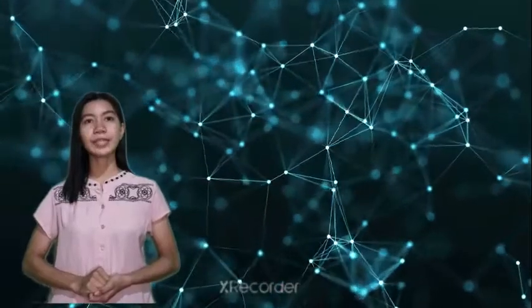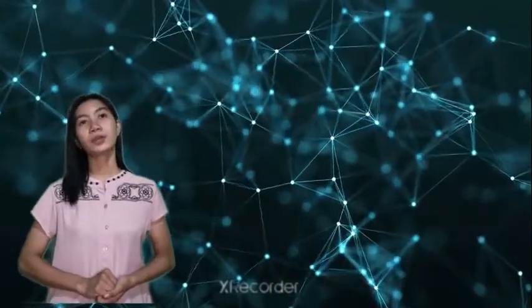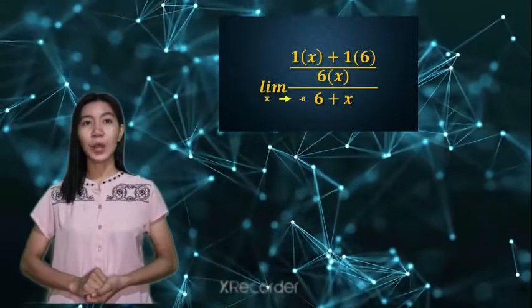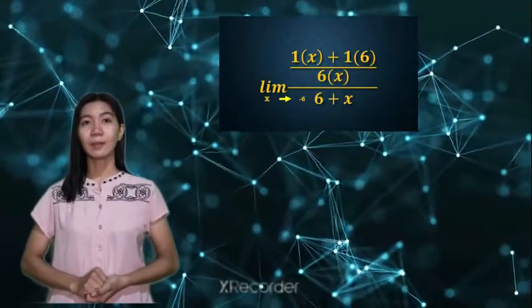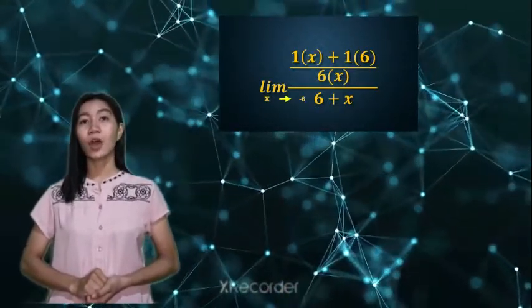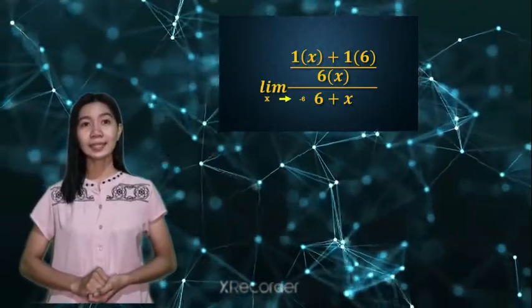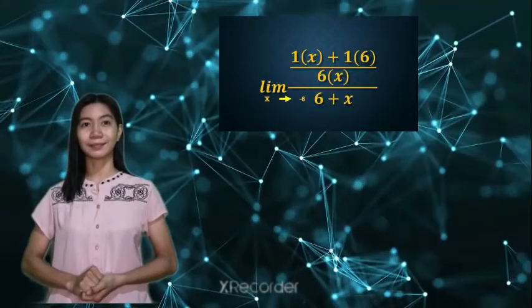We will use this principle to solve for the numerator. So, if we have 1 over 6 plus 1 over x, we can have the limit of 1 multiplied by x plus 1 multiplied by 6 over 6 multiplied by x. In our denominator, 6 plus x, x approaches negative 6.